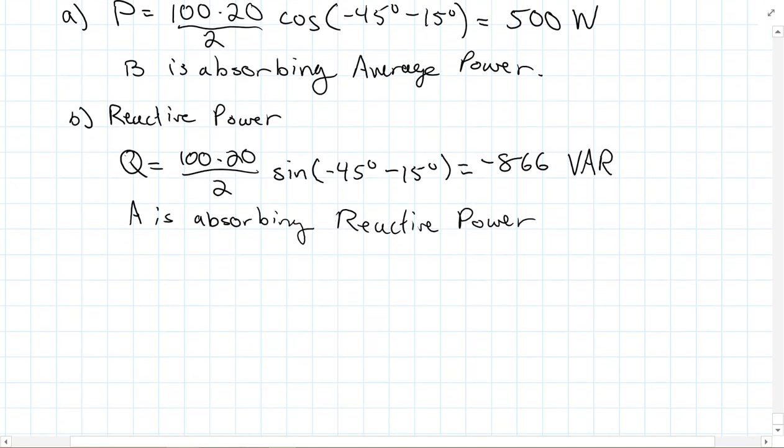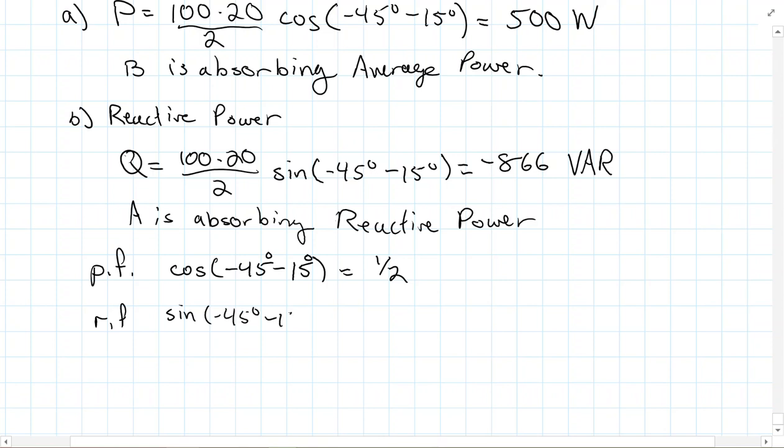Now if we compute the power factor here, we get cosine of negative 45 minus 15 degrees, and this is equal to 0.5. And then my reactive factor is simply the sine of negative 45 degrees minus 15 degrees, which is negative 0.866.